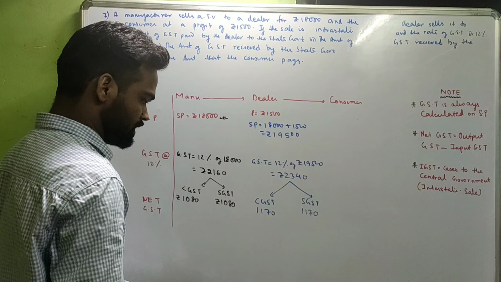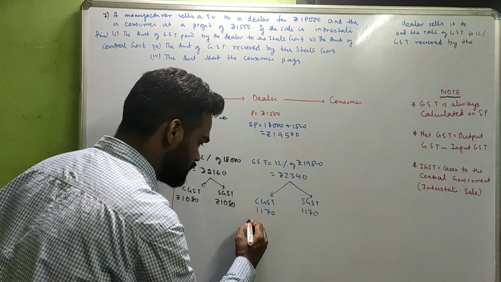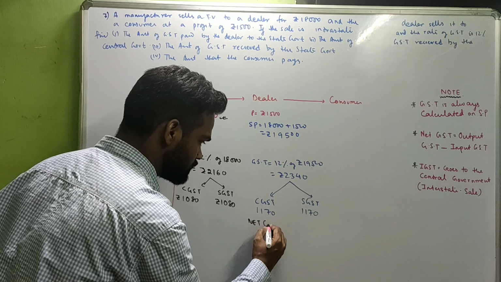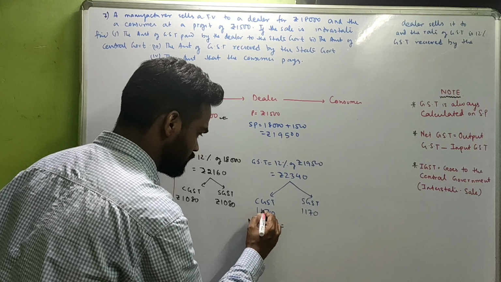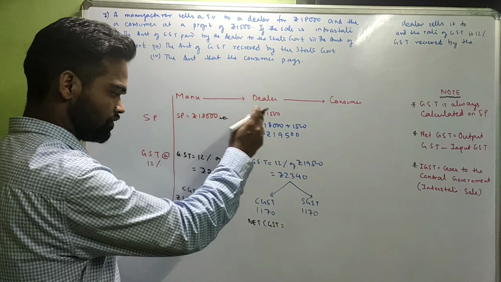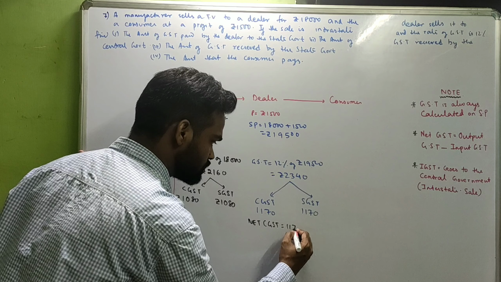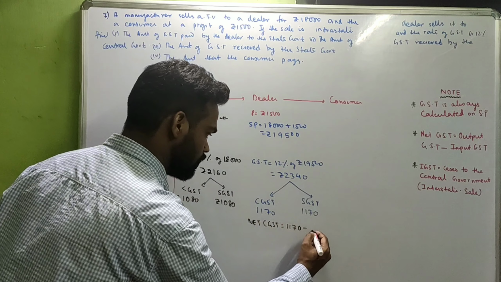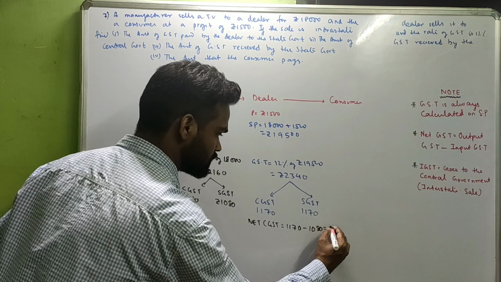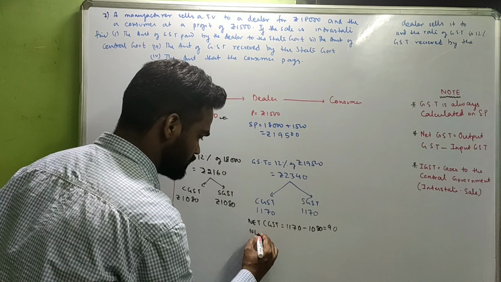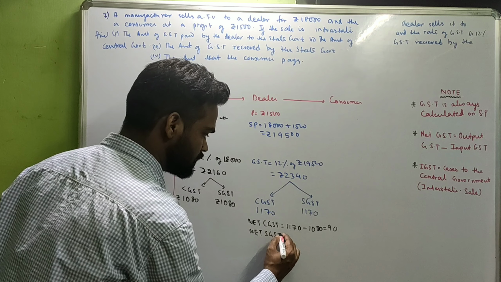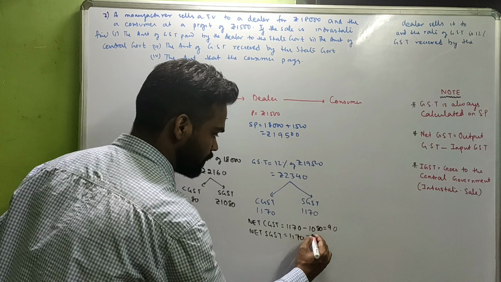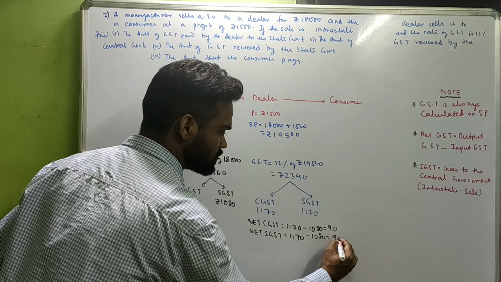Over here there will be net CGST and net SGST. So net CGST will be output minus input for the dealer. Output is 1170 minus 1080, that's 90. And net SGST again same, 1170 minus 1080, that's 90.